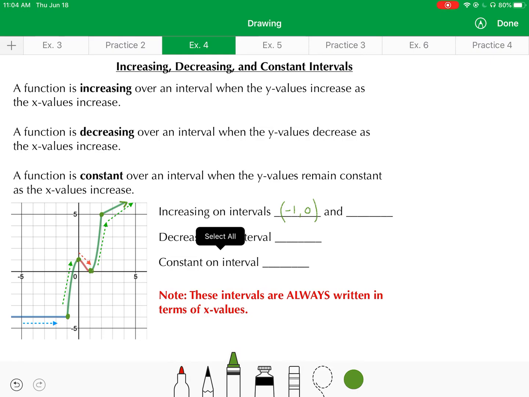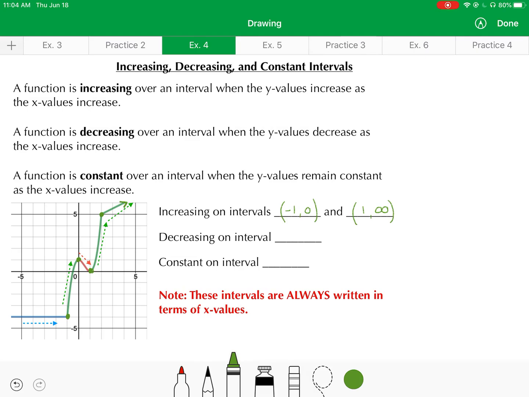If we assume that graph continues in an upward trend, we can say that it also is increasing from the x value of +1 to infinity. Even though those look like two separate intervals because they're like two separate pieces of the graph, they're both increasing, so you put them together as one interval.